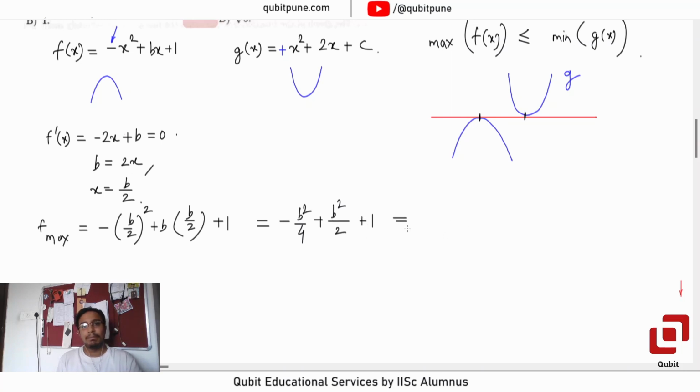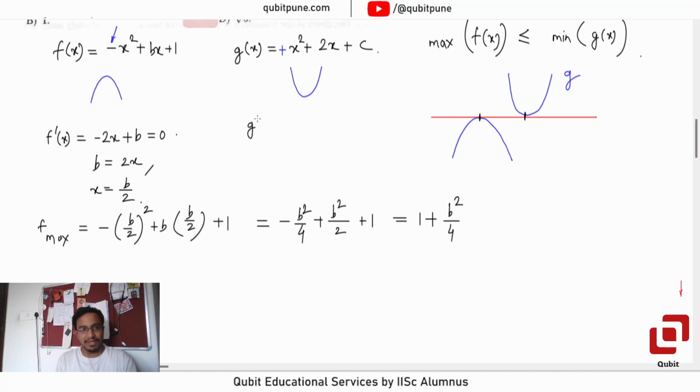So that will be 1, plus half minus 1 by 4, which is 1 by 4. So 1 plus b squared by 4. Is that clear? This part, f max is 1 plus b squared by 4. Yes. Okay, now let us come to g.